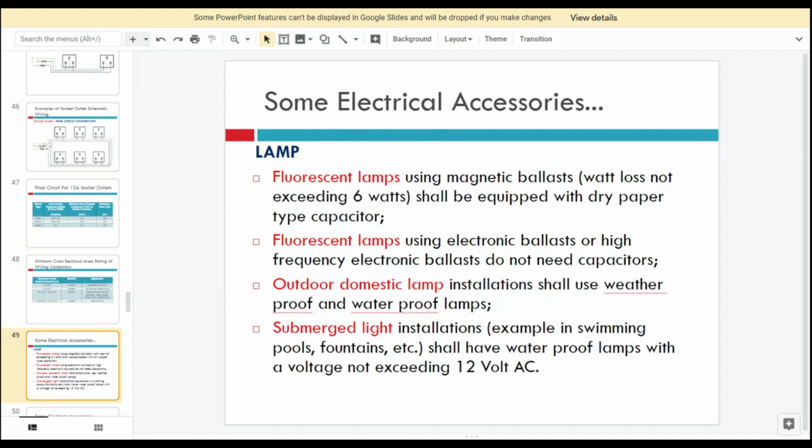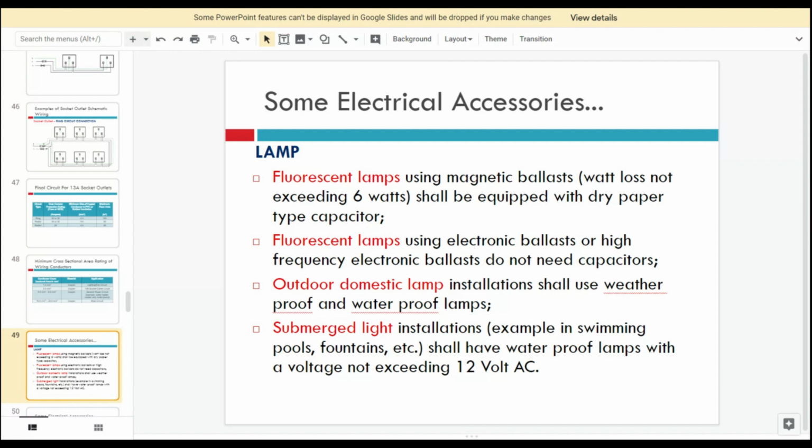So this is the summary of electrical accessories or appliances that can be used in your house. For example, first we have the fluorescent lamps. As I showed before, the operation of the fluorescent lamps. These fluorescent lamps basically use a magnetic ballast, and we have to make sure that the watt loss does not exceed 6 watts.